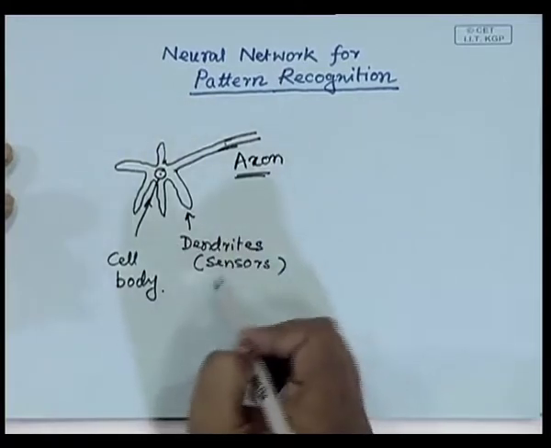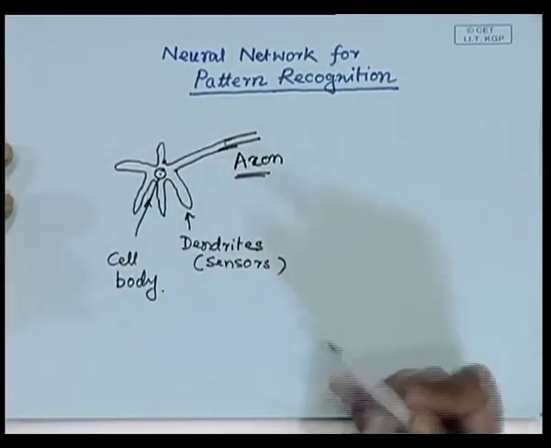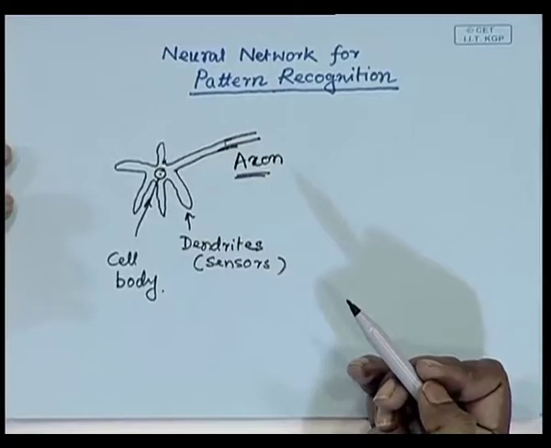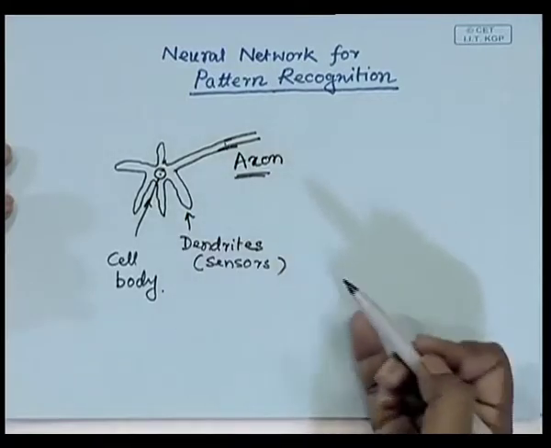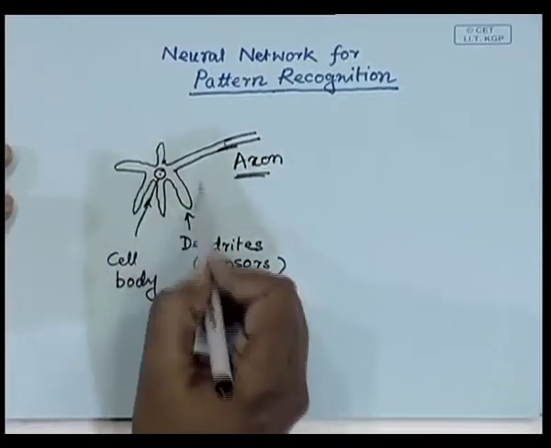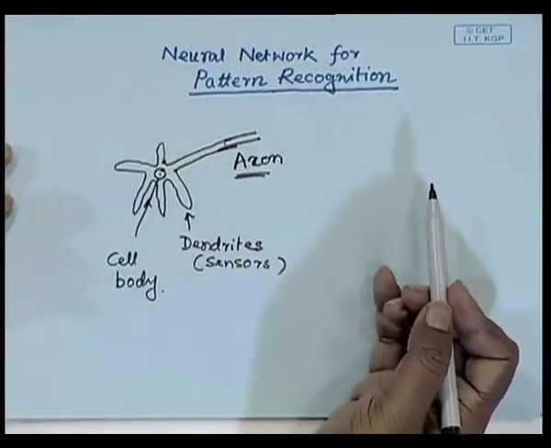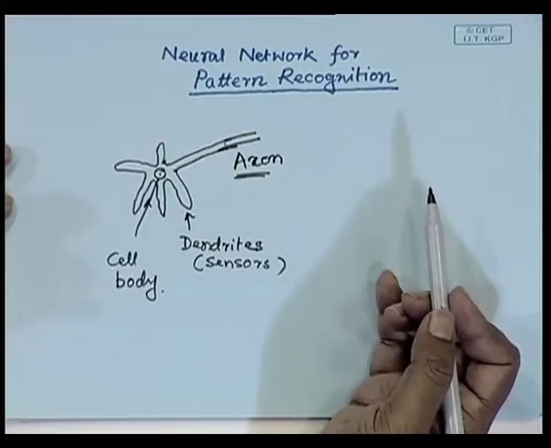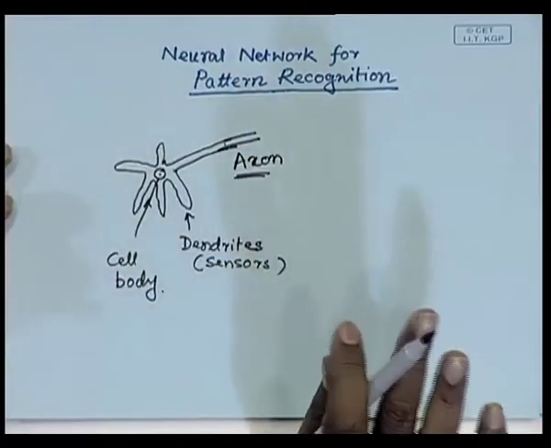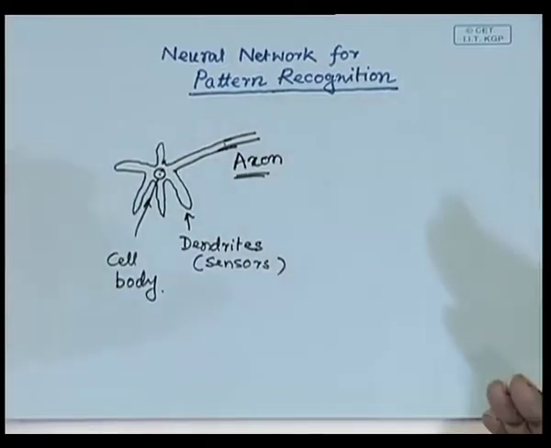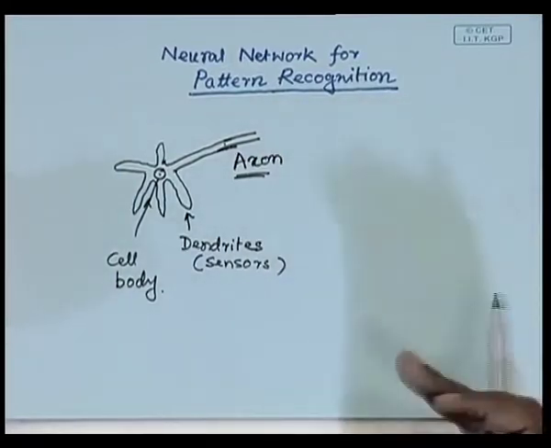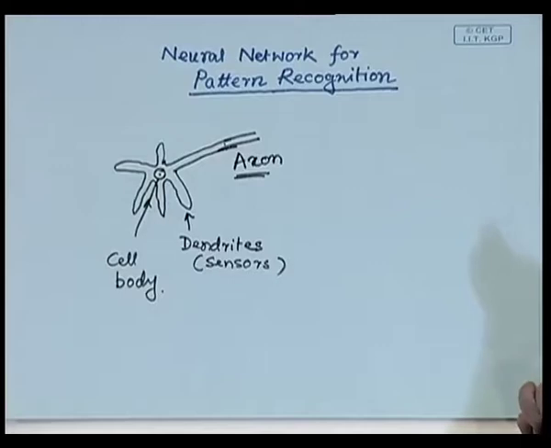And depending upon what kind of stimulus this cell body has sensed, the brain decides an action and sends that information to our different muscles through a set of such neurons, and then we take certain action by activating the corresponding muscles.